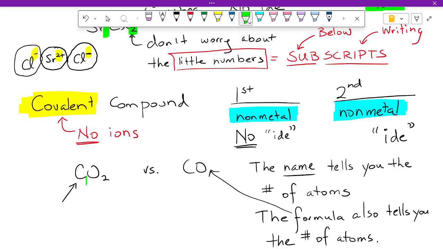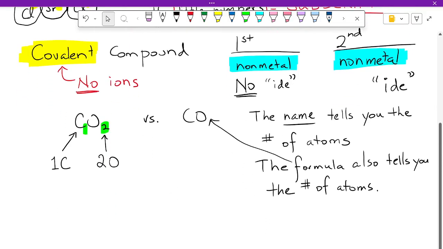In this carbon, we have no little number down there. So how many carbon atoms do we have? We have one carbon. We have a little 2 down at the bottom there. And so that would be how many oxygen? 2 oxygen.